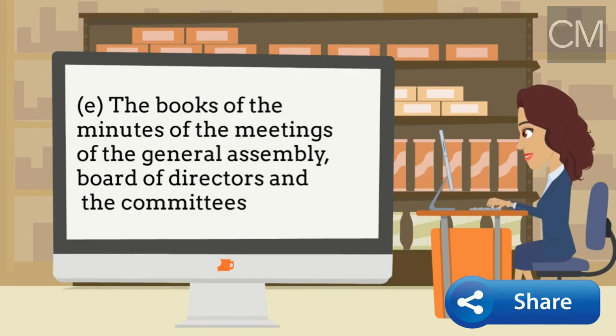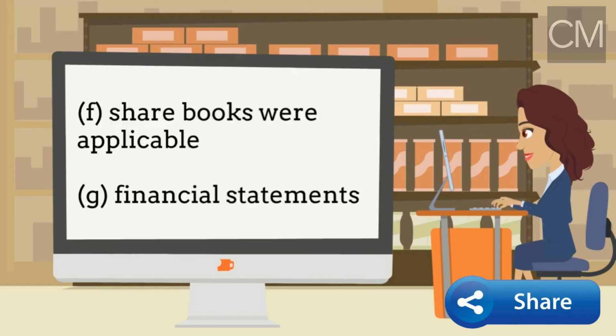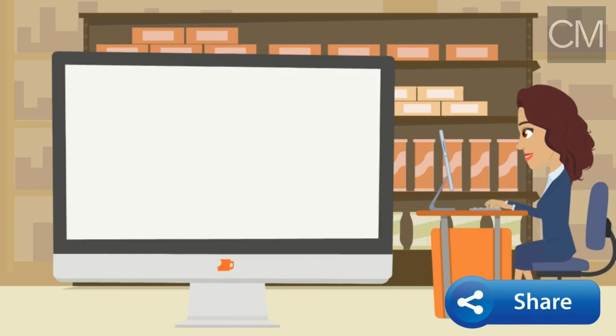E. The books of the minutes of the meetings of the General Assembly, Board of Directors, and the committees. F. Share books where applicable. G. Financial statements. And H. Such other documents as may be prescribed by laws.